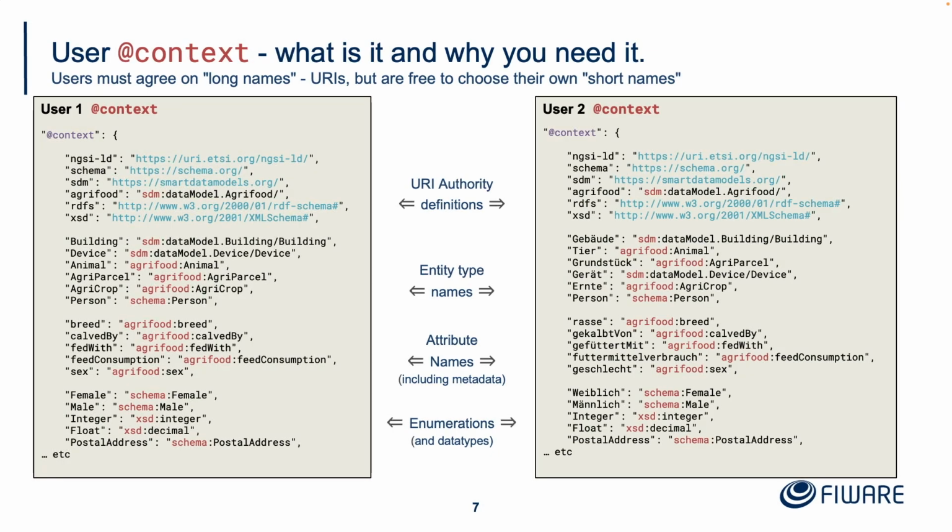So, for example, if you use the data models from schema.org, you will define schema.org as one of your authorities, because it makes it easier to define your attributes further down. So we've got things like schema.org is an authority, and you've got schema.org/female, schema.org/male as part of our enumerations.